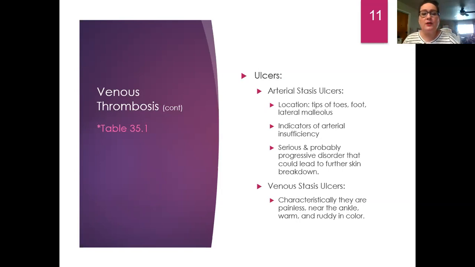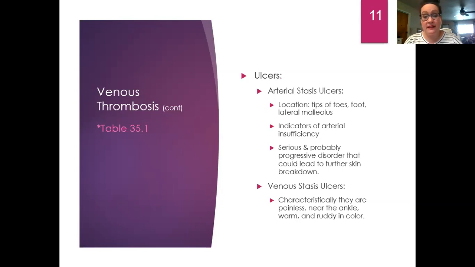When you're talking about arterial ulcers, the locations we tend to see these are on the tips of the toes, the foot, the lateral malleolus. When we see these, that's an indicator of arterial insufficiency. And this is serious, probably a progressive disorder that could lead to further skin breakdown.